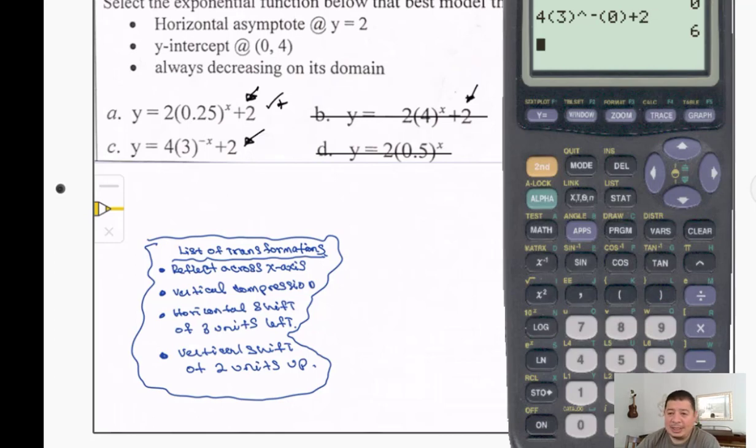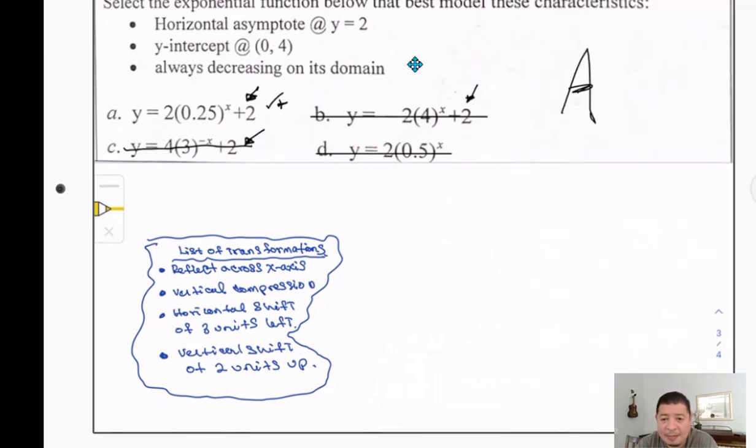Yeah, that made a 6. So by process of elimination, I can already tell you that the correct answer is going to be letter A. Okay, but there's one more clue that they're giving us. So again, by process of elimination, we know that it's going to be letter A.